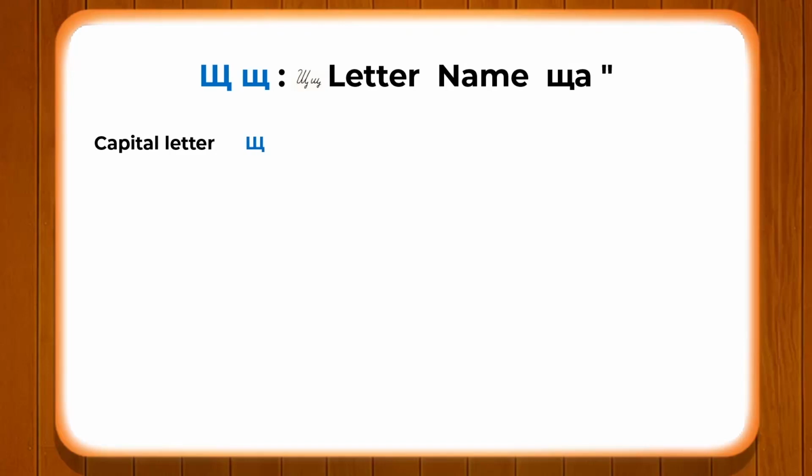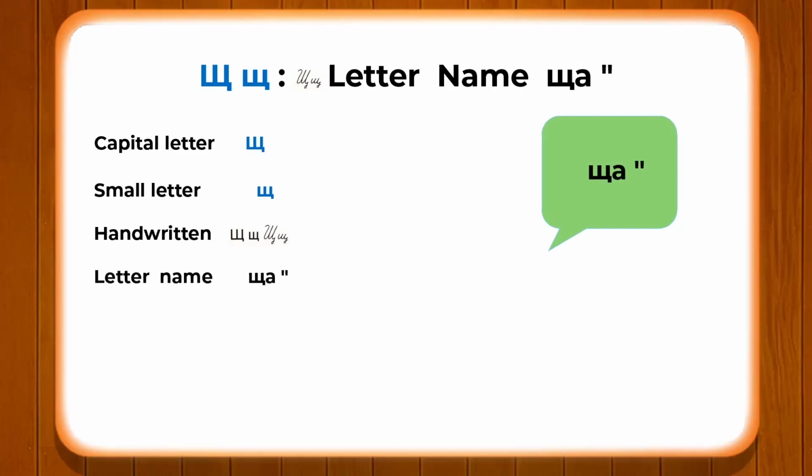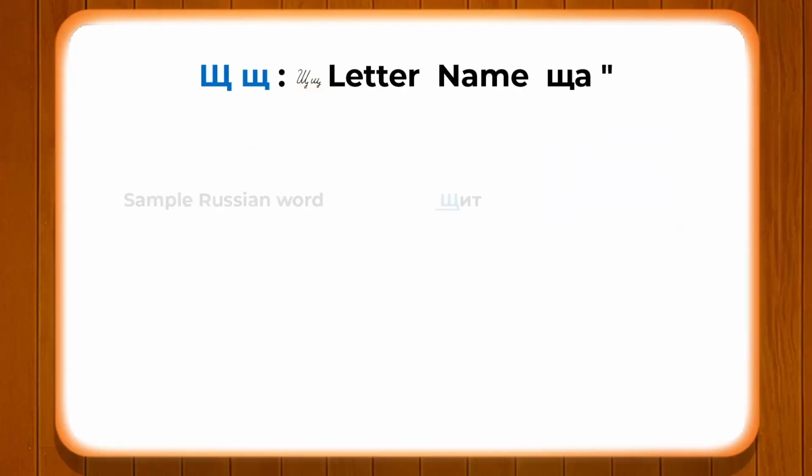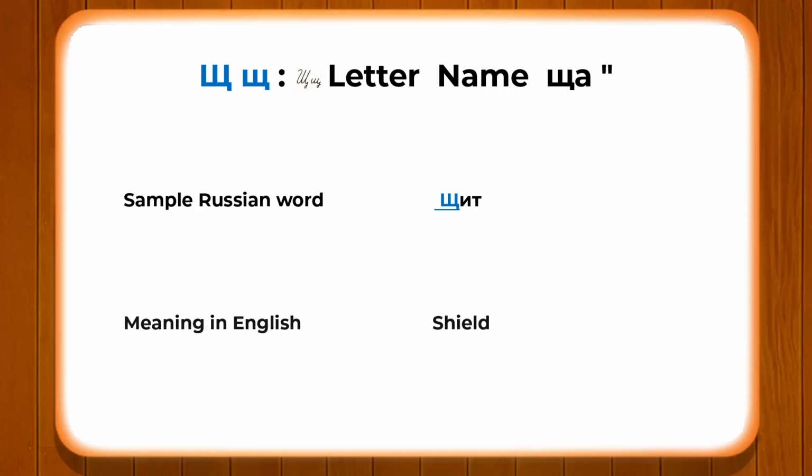All right, now let's go ahead and look at this. The next letter is Shcha. An English approximation to understand it properly is sh in shoes. And we have with us this sample Russian word shchit, which means shield.